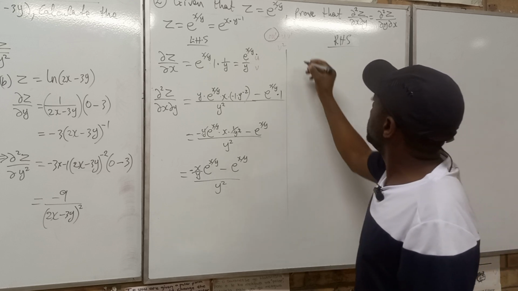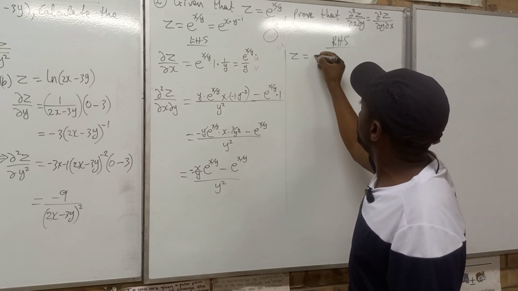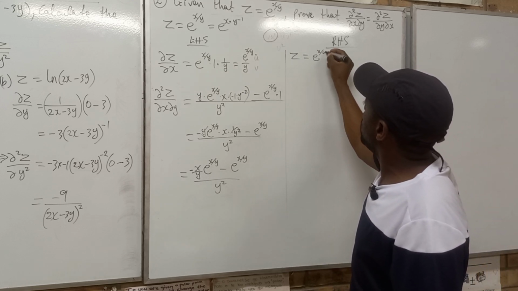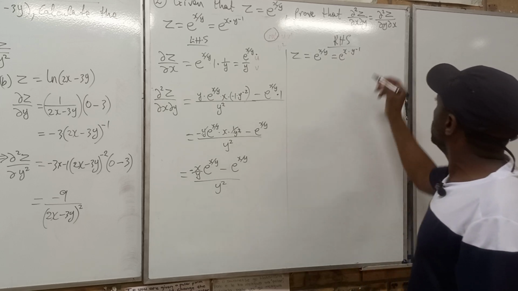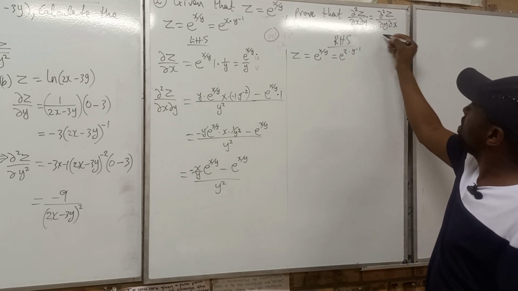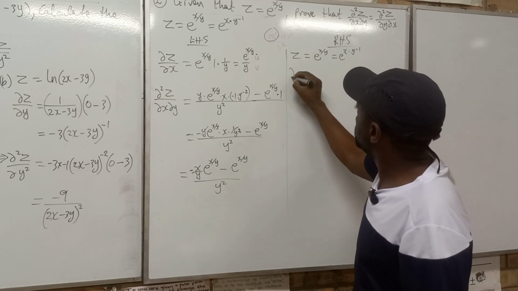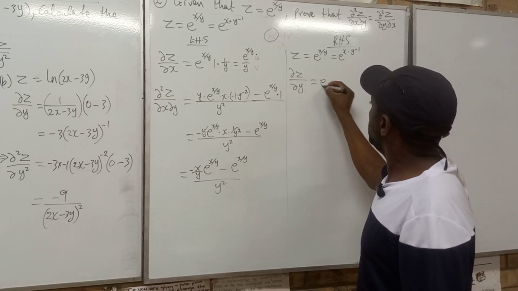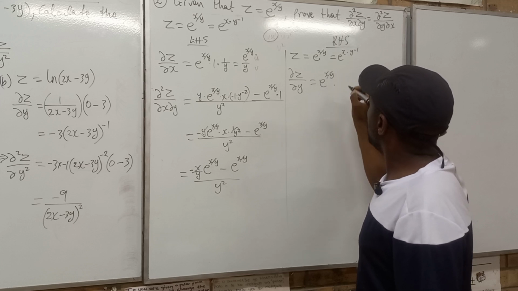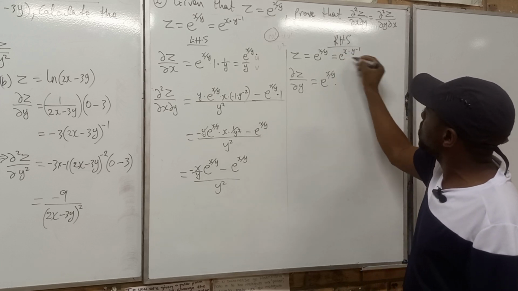So with the right hand side, I capture my z as before, e to the power x over y, or e to the power x times y to the power negative 1. So I differentiate with respect to y first. If I'm differentiating z with respect to y, you differentiate e, it will stay the same first. Then you go to the exponent and differentiate y.